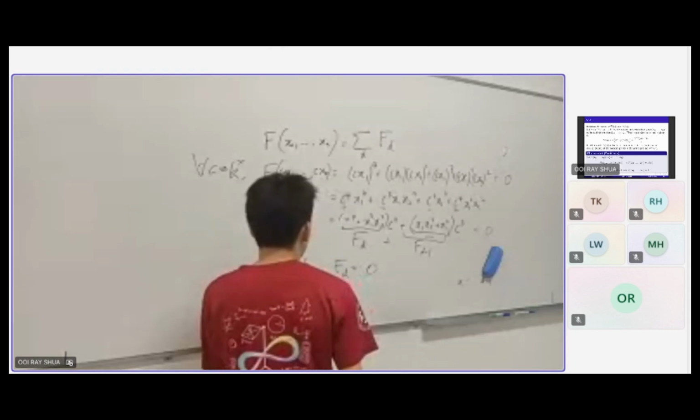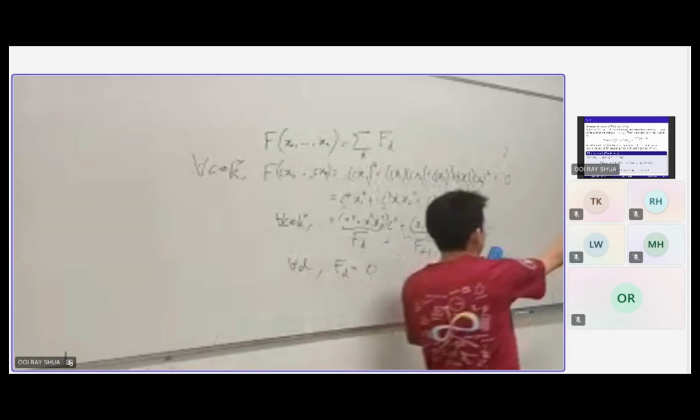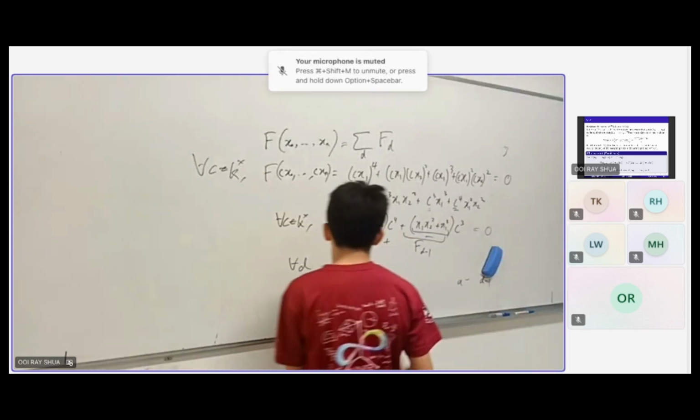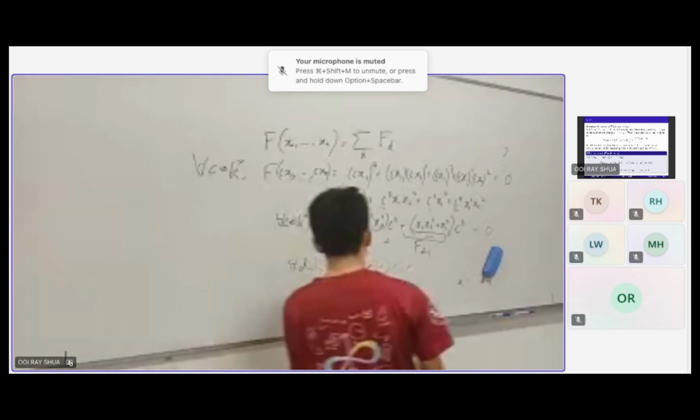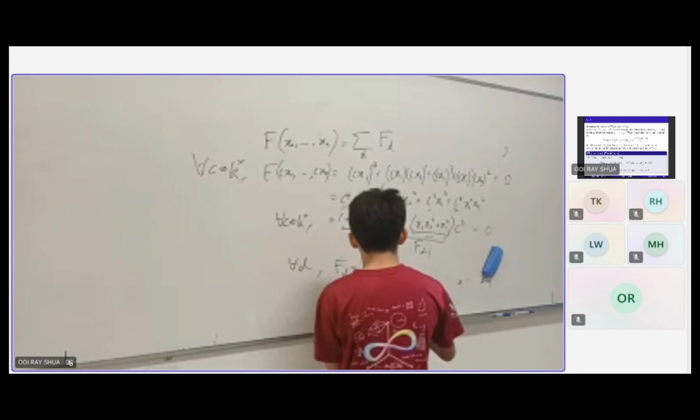What does that mean? That means f_d must be in the 0 set. That's the definition, V of a.